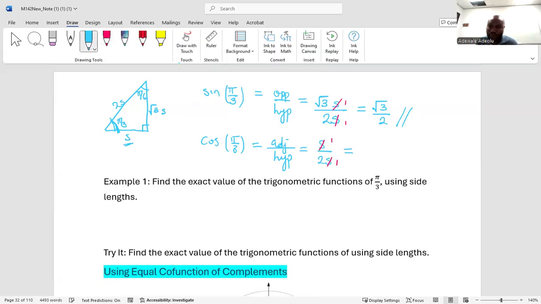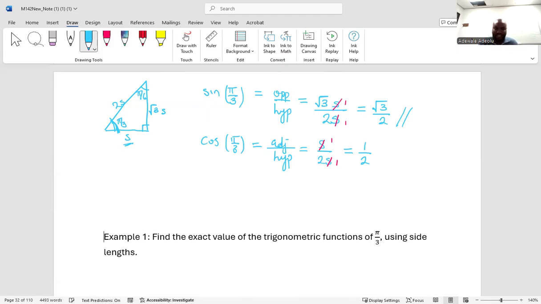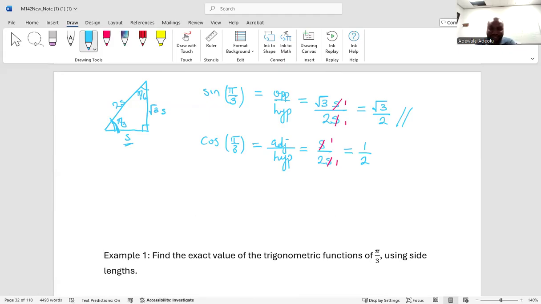And I have 1 over 2 as the cosine of pi over 3, that is 60 degrees. Now, again, let us look at sine of pi over 6, 30 degrees.